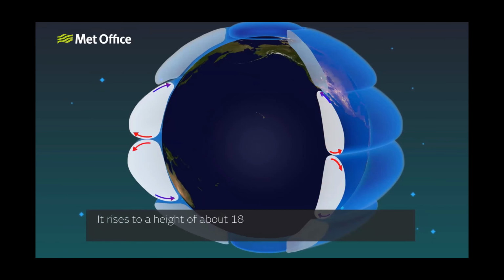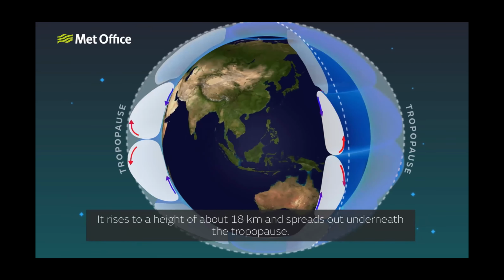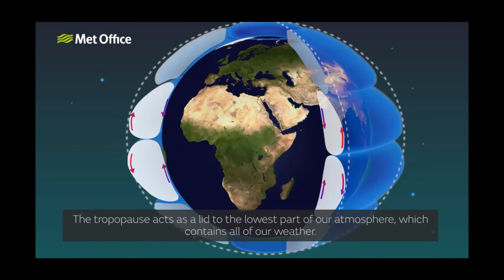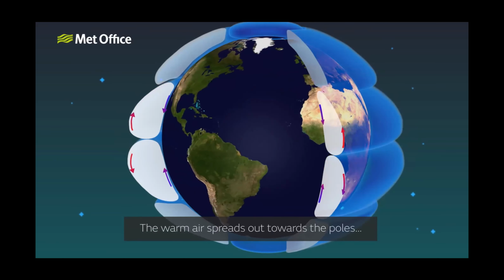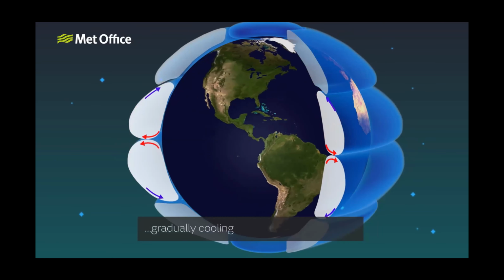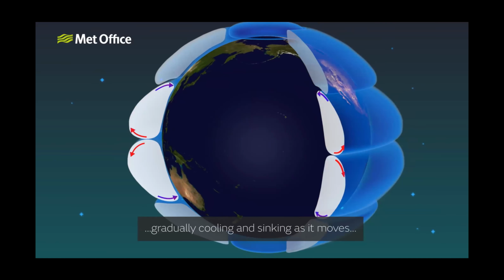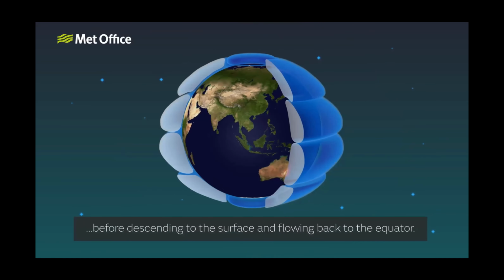It rises to a height of about 18 kilometers and spreads out underneath the tropopause. The tropopause acts as a lid to the lowest part of our atmosphere, which contains all of our weather. The warm air spreads out towards the poles, gradually cooling and sinking as it moves, before descending to the surface and flowing back to the equator.